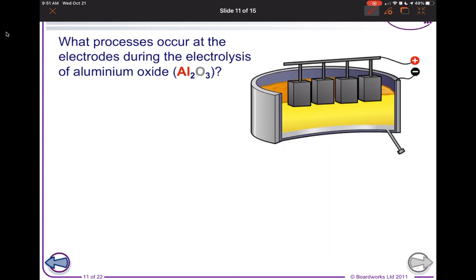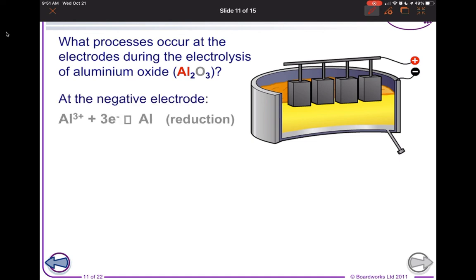So what processes occur at the electrodes during this electrolysis of aluminum oxide? Let's look. So at the negative electrode, remember our negative electrode is called our what? Cathode. So at our cathode, the aluminum ion is attracted to my negative cathode, and at that point it gains 3 electrons.